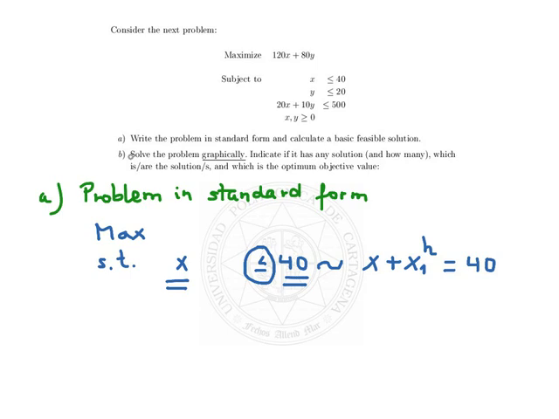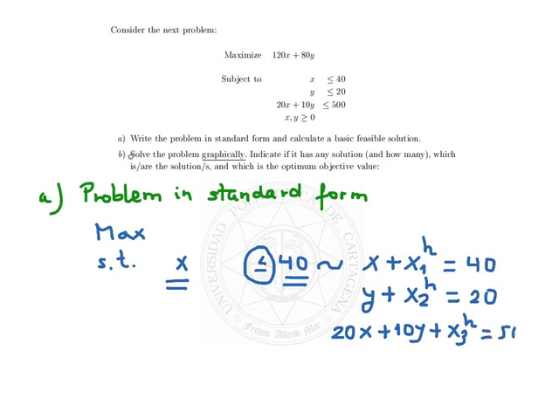Now I do the same with the second constraint. I call this slack variable x2h, y plus x2h equal 20, and finally the same with the last one, 20x plus 10y plus x3h equal 500.